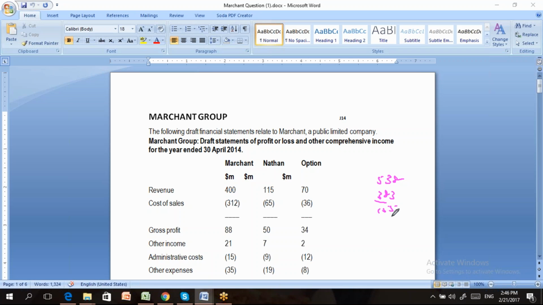One was that, on the sale of the part, the 8% that they sold, they made a gain. How much was that gain?